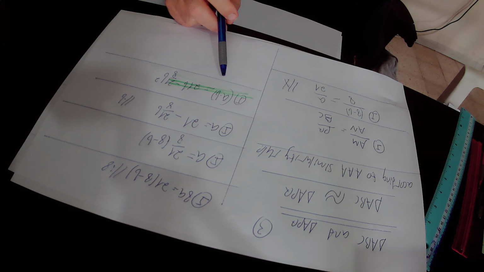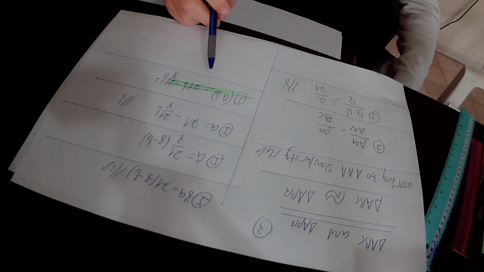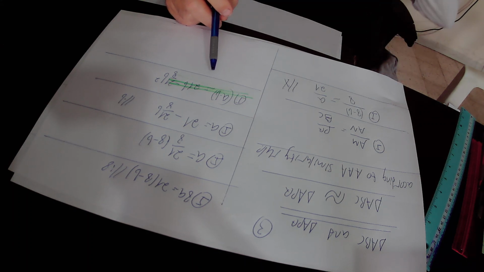we will have to differentiate this function area of rectangle PQST, and then we will equate the derivative to 0.